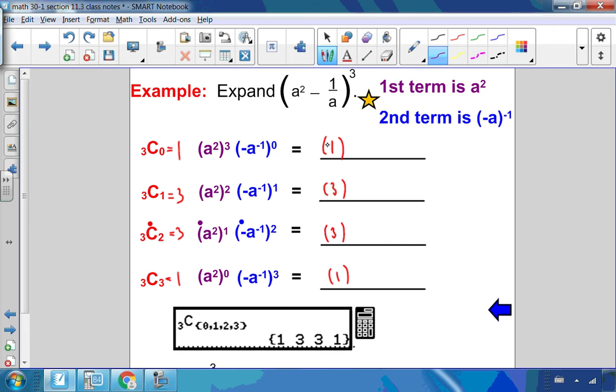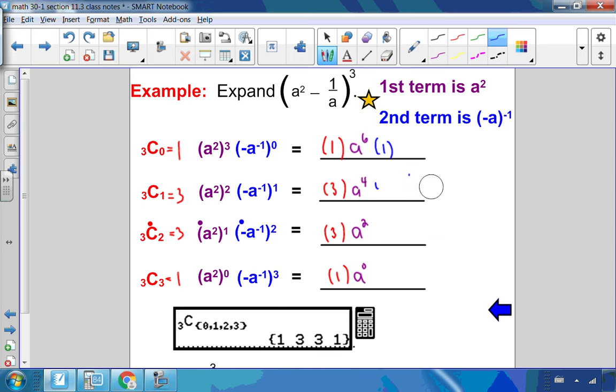For this, it's the power of power law. A squared cubed is a exponent 6. A squared squared, you multiply them together, is 4, and then a squared, and then a to the 0. Now let's look at our second term. Anything to the 0 is 1. Then this is going to be negative a to the negative 1.